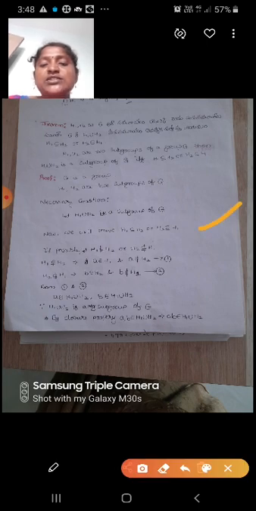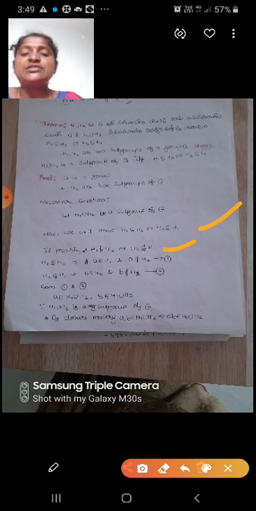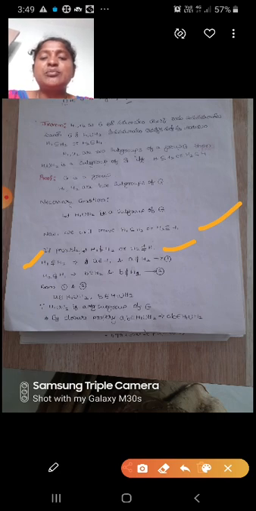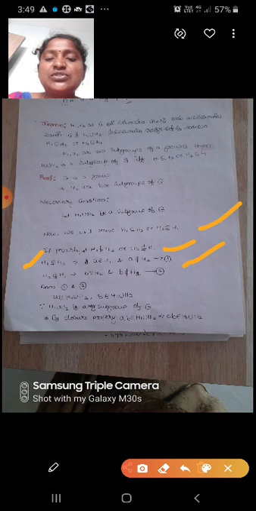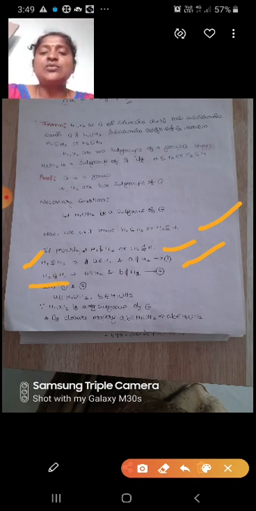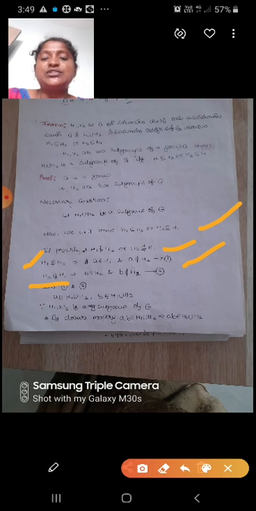So if possible, let H1 is not a subset or equal to H2 or H2 is not a subset or equal to H1. If H1 is not a subset or equal to H2, then A belongs to H1 and A does not belong to H2. If H2 is not a subset or equal to H1, then B belongs to H2 and B does not belong to H1.